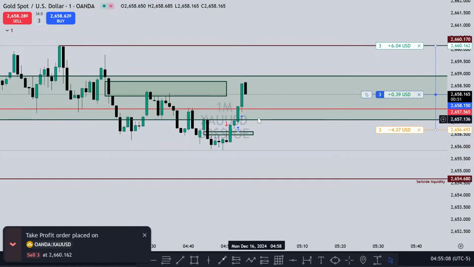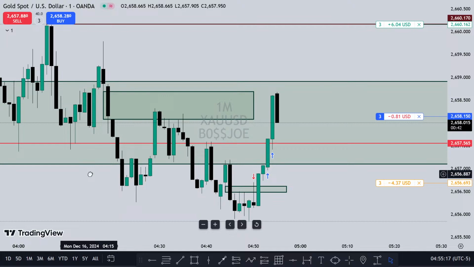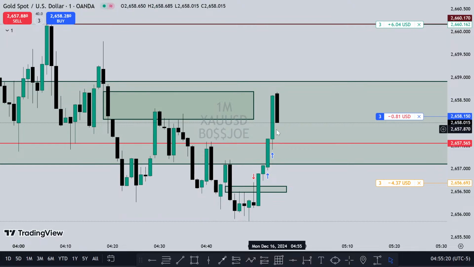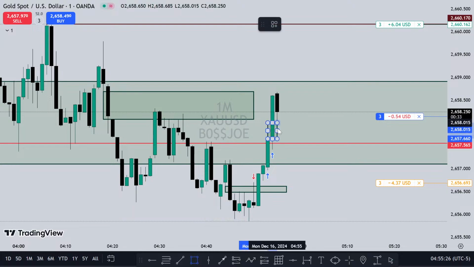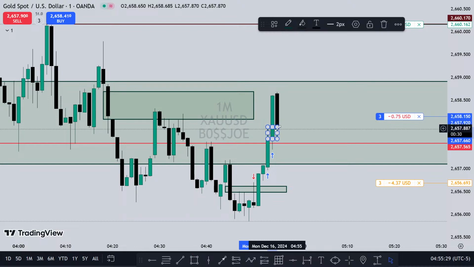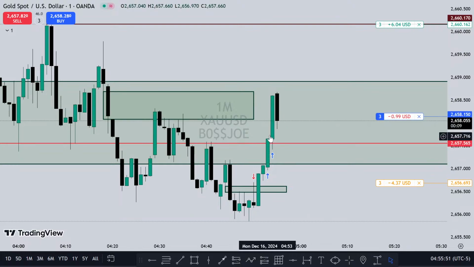Okay. So what am I looking at here? Okay, so I just want to see a fair value gap hold here.